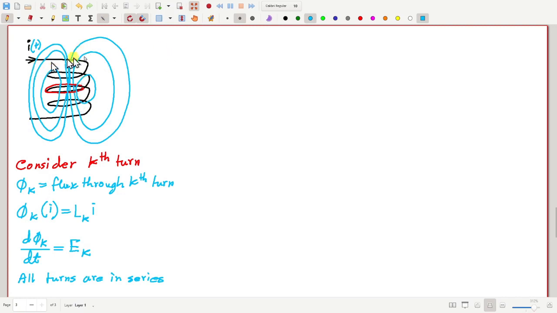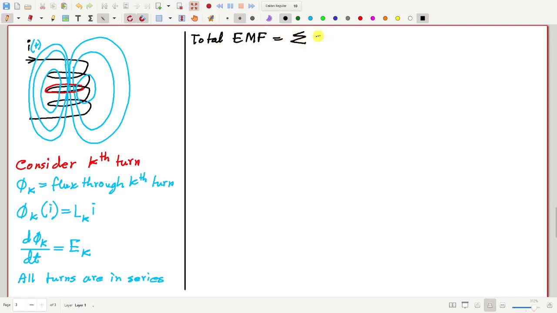So the total EMF induced will be the sum of d dt of phi k, that is phi 1 plus phi 2, etcetera. So sum over k of phi k. This is what I can write.